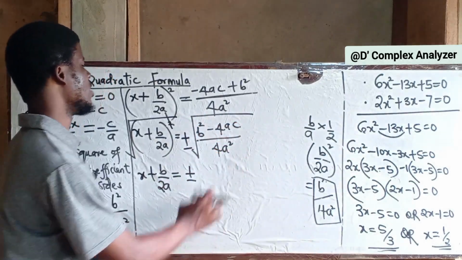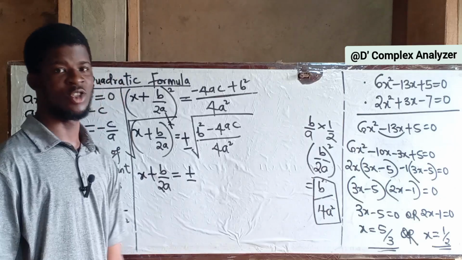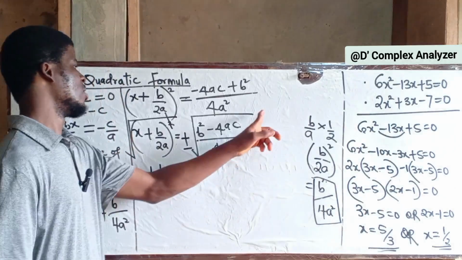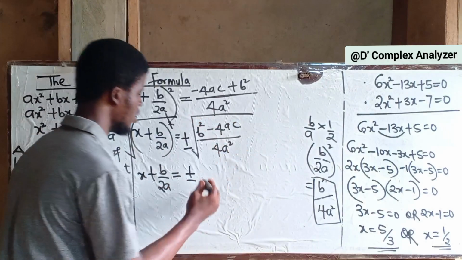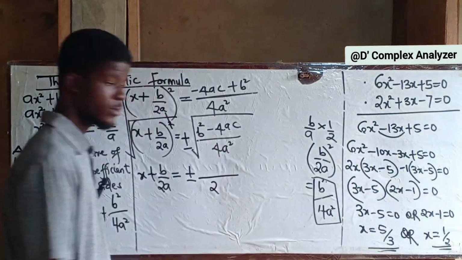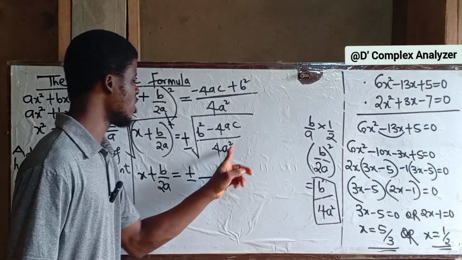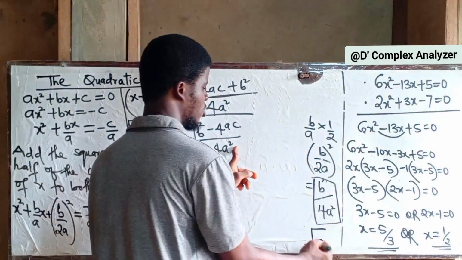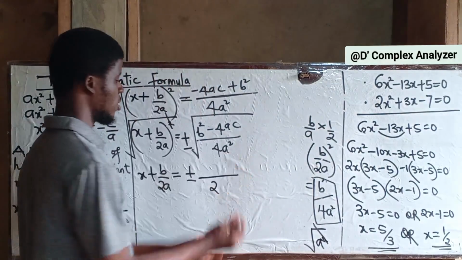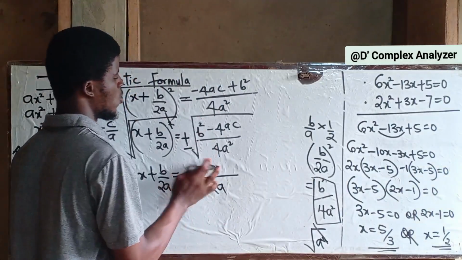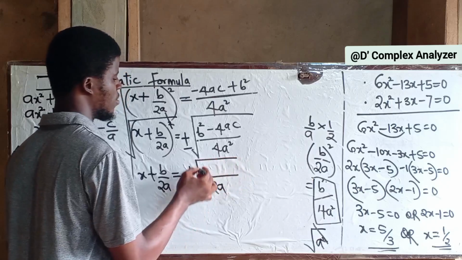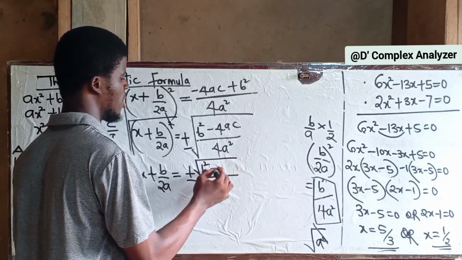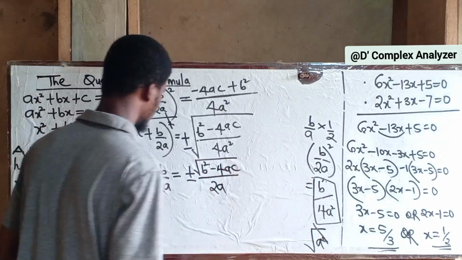But this denominator is a perfect square, in the sense that the square root of 4 is 2, and the square root of a squared is a. So the square root will no longer affect the bottom, but just the top: b squared minus 4ac.